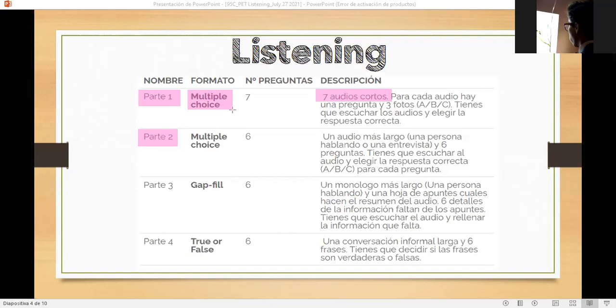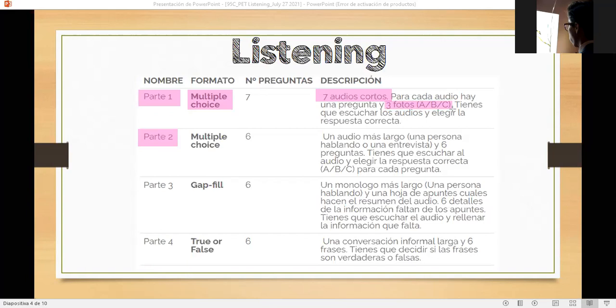You will be shown some images. In this case, 7 images, 7 records, and different options. It's a multiple choice example, okay? So for each audio, you will have 3 options, 3 photos, where you can choose which one is the right one.